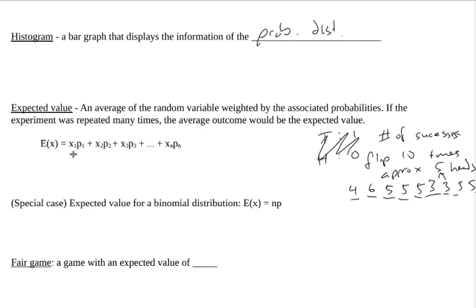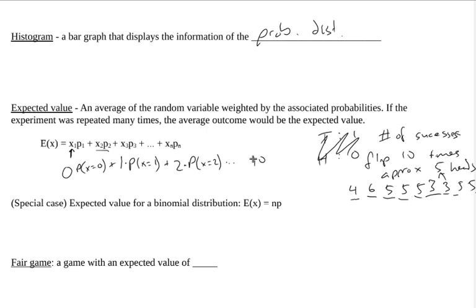Now, the actual way we compute this is we say, if we're flipping the coin 10 times, x1 might be getting 0 heads times the probability of 0 heads, plus 1 head times the probability of getting exactly 1 head, plus 2 times the probability that x equals 2, and so on.